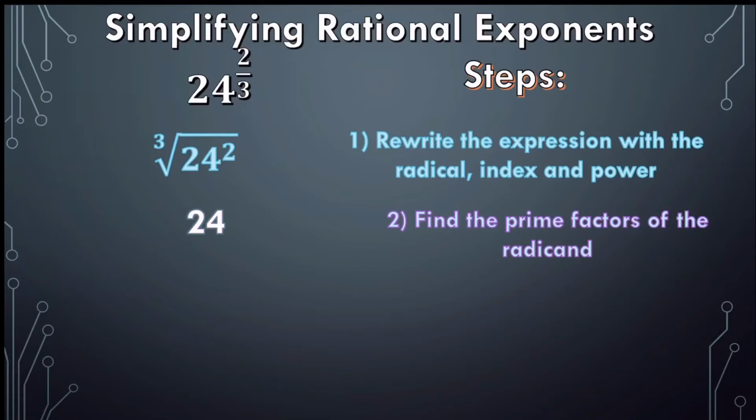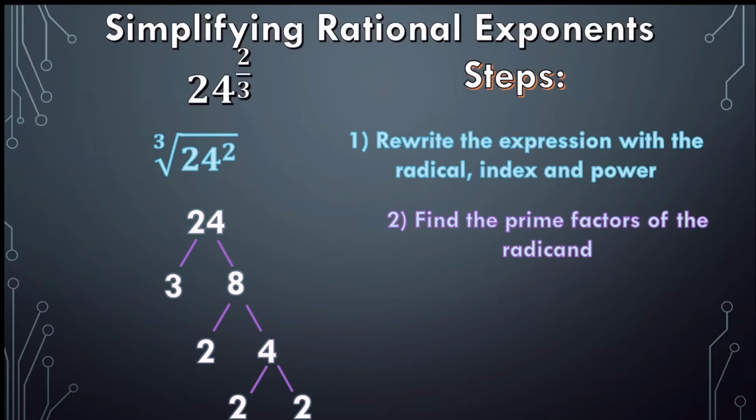Meaning, what times what gives me 24? Me, I chose 3 and 8. There's other ones. You could have picked 6 and 4, or 2 and 12. Doesn't matter. 3 is prime, so that branch is done. But 8 can be broken down to 2 and 4. 2 is prime, so that branch is done. But 4 can be broken down to 2 and 2.